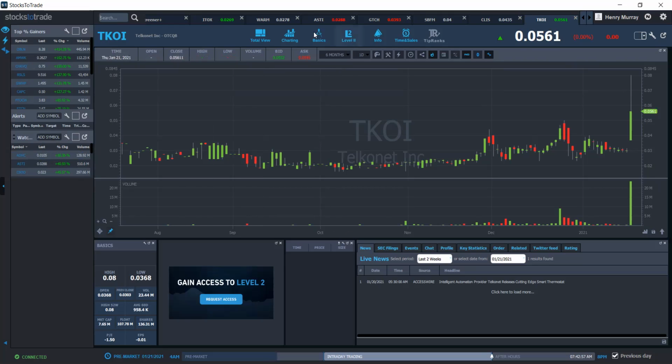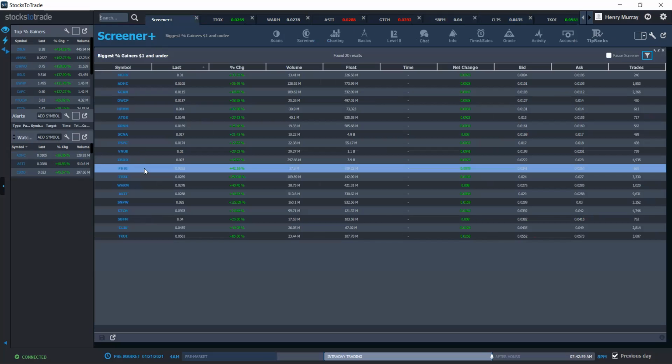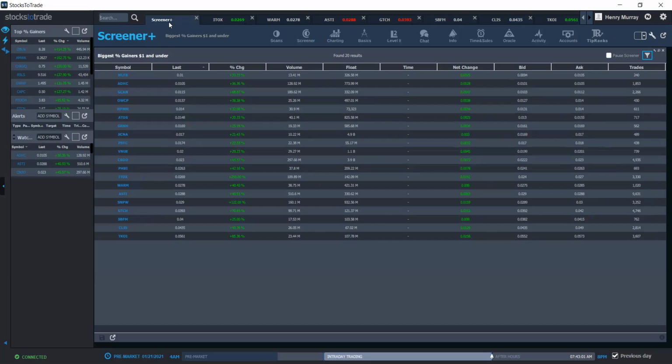All right, awesome. So from our stock screener, we had 8 stocks using this criteria of big percent gainer, 20% or more, big volume, preferably 10 million or more.